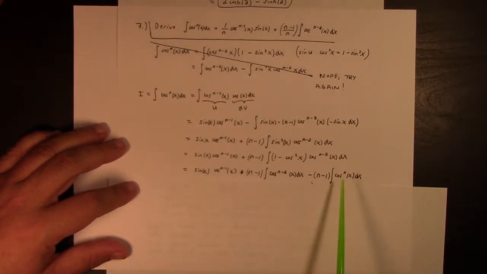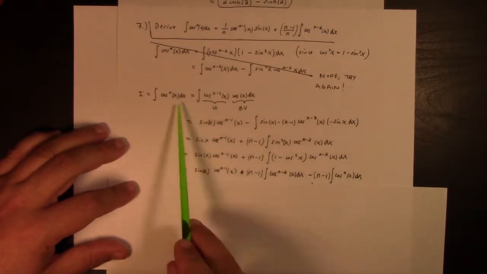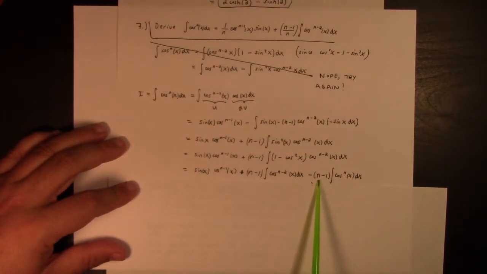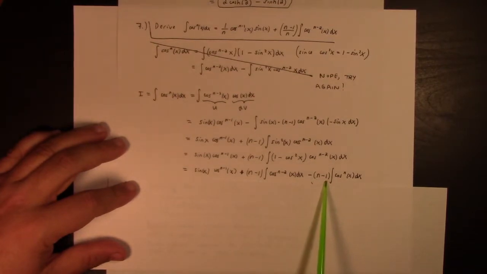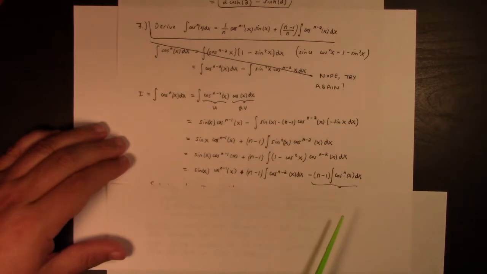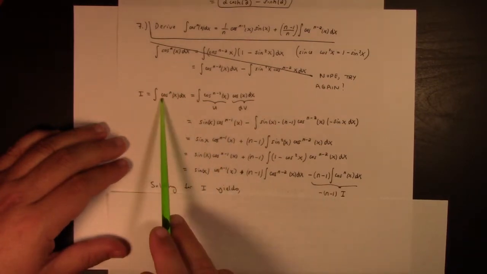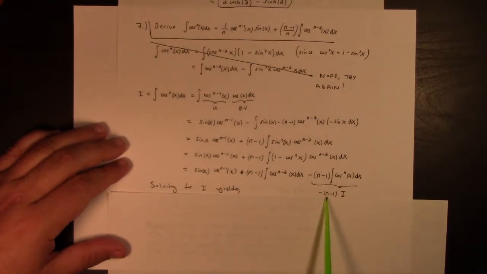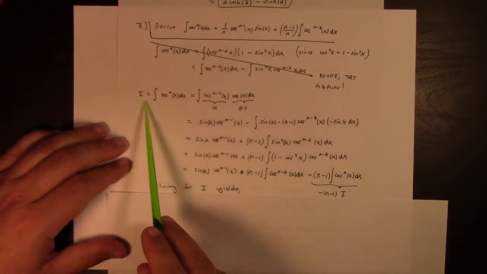Oh, look at that. This looped. This and that are the same, right? Except that there's a difference because this one has the minus n minus 1 coefficient, whereas that just has a coefficient of 1, right? So I've got I equals this minus n minus 1 times I. So if I solve for I, which would amount to adding n minus 1 copies of I to both sides, that would give me nI on the other side.